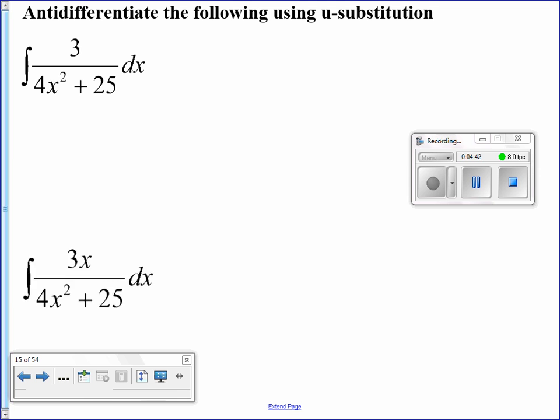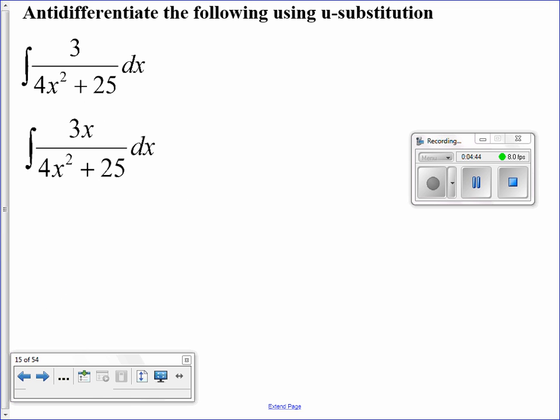All right, so now we're looking at this next one, which looks very, very similar, doesn't it? What should we do first, no matter what? Let's factor out that 3. So we have a 3 times the antiderivative of x over 4x squared plus 25.